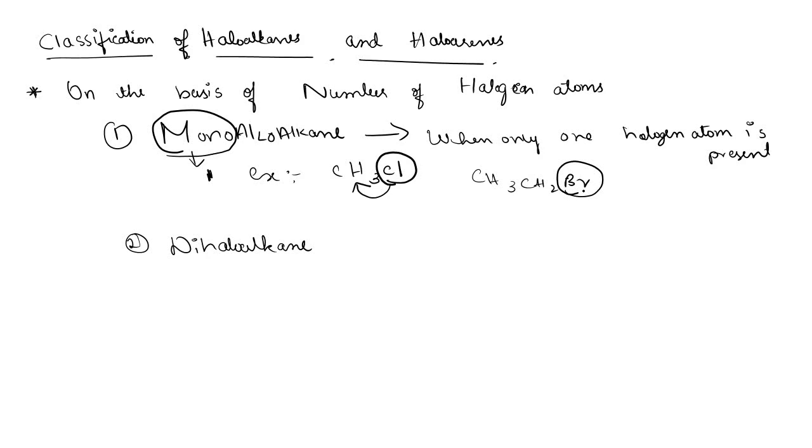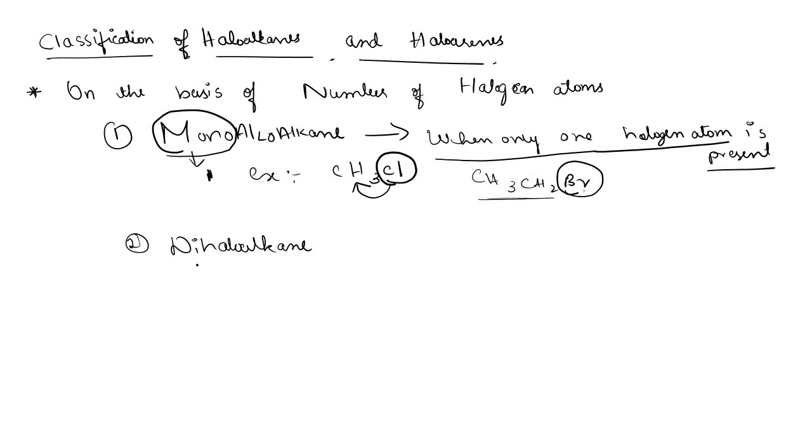We need to concentrate only on the halogen atoms, not on the carbon or hydrogen atoms, because the definition states that only one halogen atom is present. In the NCERT textbook they have given a definition: they may be classified as mono, di or tri based on whether they contain 1, 2 or more halogen atoms in their structures. More means they are classified as polyhalogens.